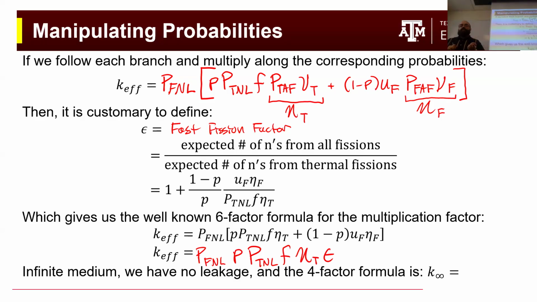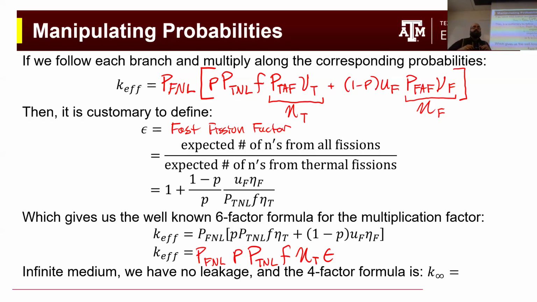Which of those probabilities relate to leakage? If we have no leakage, like in an infinite medium, then what does that mean about P_FNL and P_TNL? Both of them are one, right?